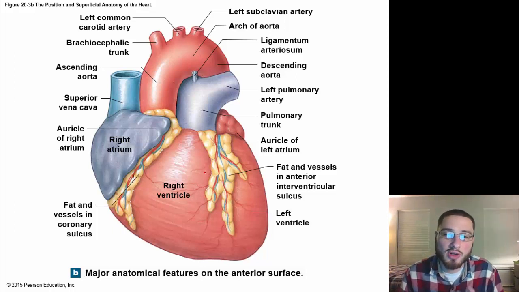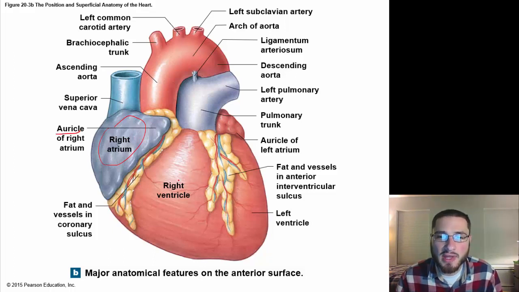If we look at the external anterior surface, so this is the front part of the heart, we see that we have the outside right atrium that we call this auricle, and we have the right ventricle, and then on this side you'd have your left ventricle and your left atrium. Here we see the superior vena cava. On the other side, going up into here, we would have our inferior vena cava.